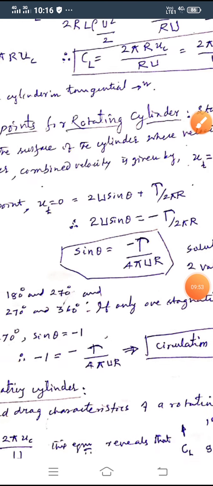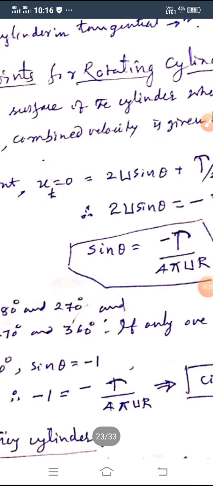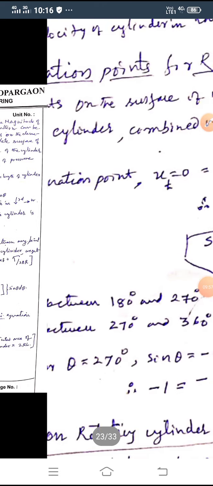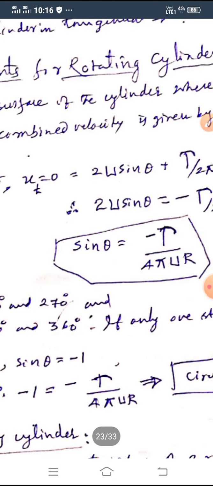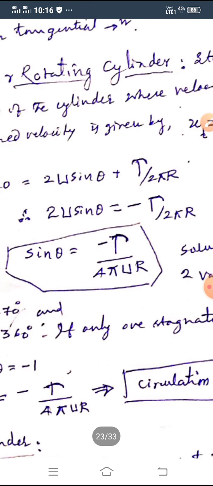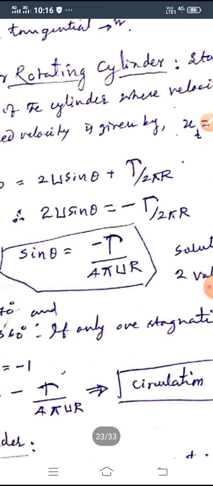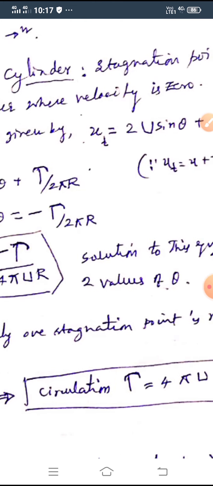Now at the stagnation point ut is equal to 0, which is equal to 2u sin theta plus circulation upon 2 pi r. Therefore, 2u sin theta we will get as minus circulation upon 2 pi r. Sin theta is equal to minus circulation divided by 4 pi U r.